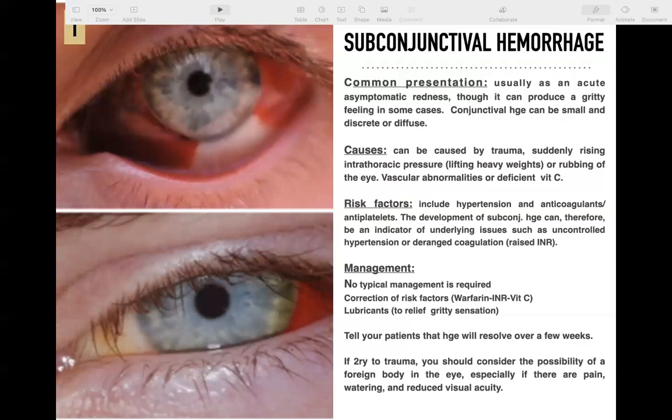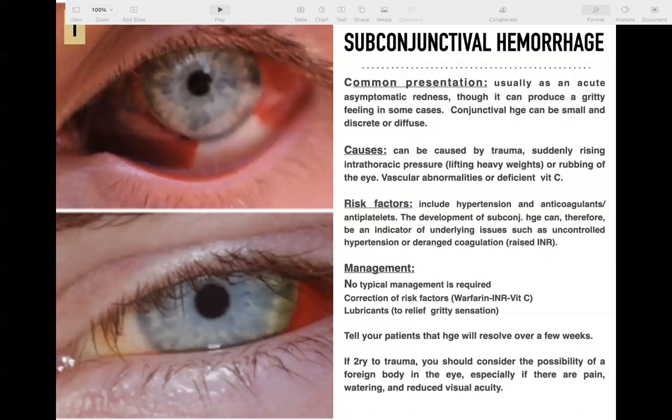At the same time, if this patient is on anticoagulant or antiplatelet therapy, I ask the patient to go back to the cardiologist or to my colleague who is responsible for treating this patient to help adjust the dose of the anticoagulants or antiplatelets if possible, with no risk for the life of this patient. Lubricants may be prescribed if there is a gritty sensation.